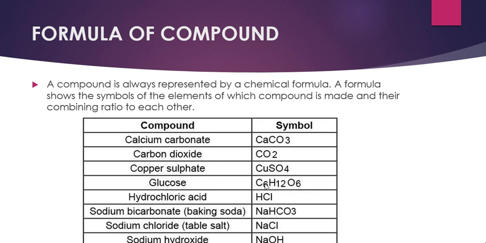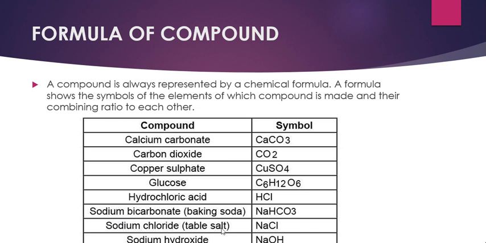Glucose, C6H12O6, made up of three elements: carbon, hydrogen and oxygen. Hydrochloric acid, made up of hydrogen and chlorine, Cl. Sodium bicarbonate, commonly we call it baking soda, NaHCO3. So how many total elements? Sodium, hydrogen, carbon and oxygen. Total 4 elements.